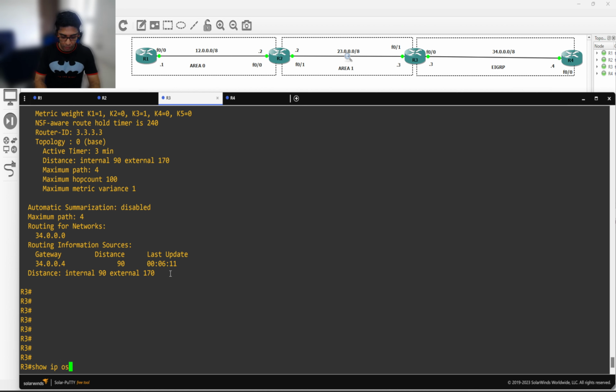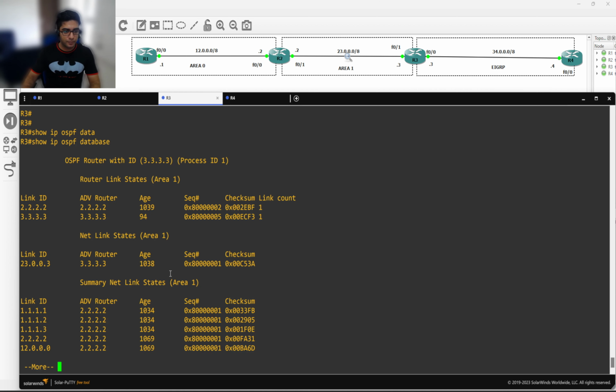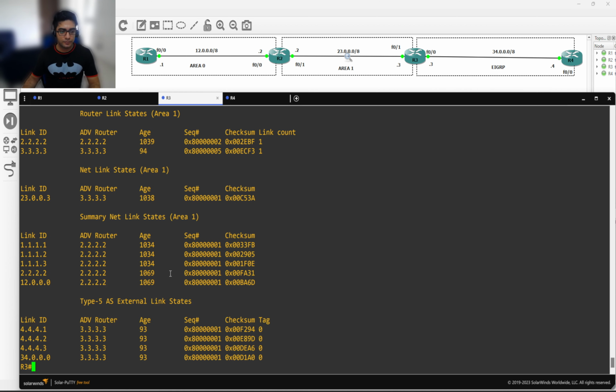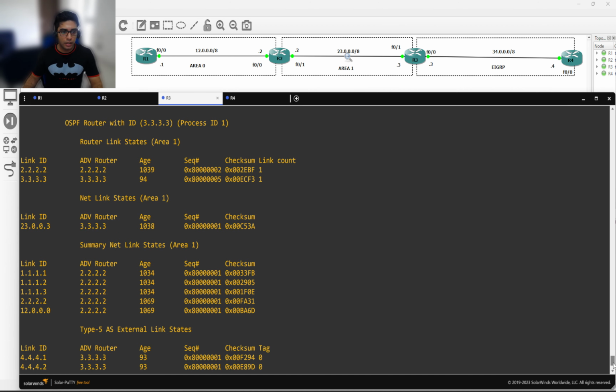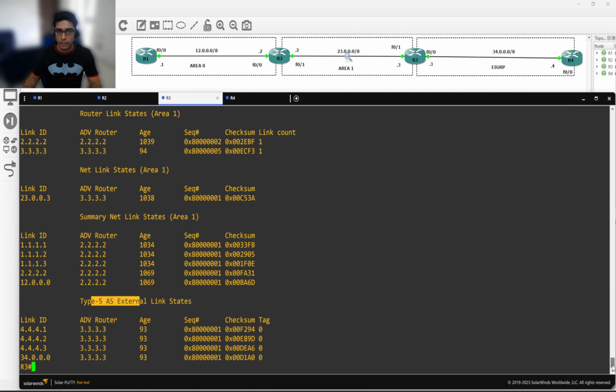Show IP OSPF database. We can see that in area number 1 we have a router LSA, that is the type 1 LSA, type 2 LSA, a type 3 LSA, and a type 5 LSA. We have four types of LSA: type 1, type 2, type 3, and a type 5 LSA in area number 1.